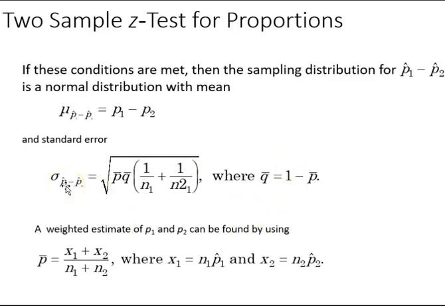And a weighted estimate can be found using p bar equal to x1 plus x2 divided by n1 plus n2. And x1 is going to be n1 times proportion 1, x2 is n2 times proportion 2. So the different sample sizes times the proportions for those samples give us our x values.